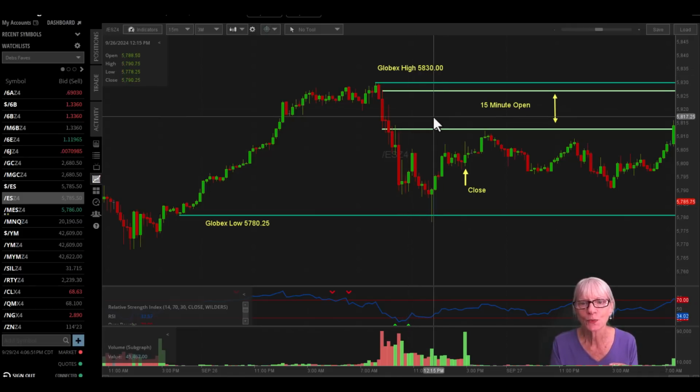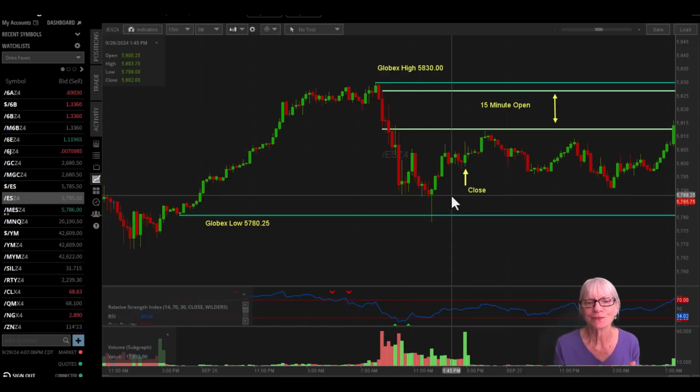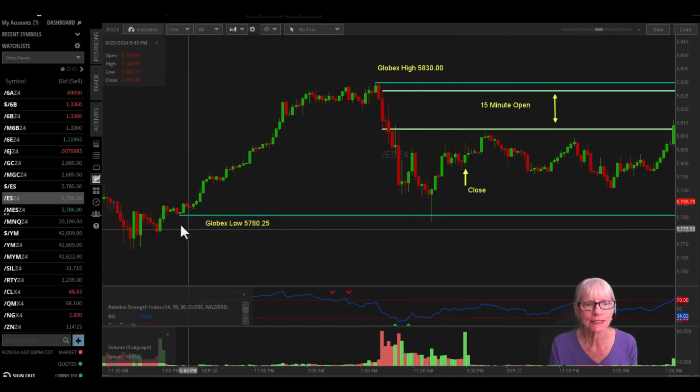And then I also wanted to share with you, look at here. This candle pattern, it's an inverted hammer, and oftentimes it will go down and test those Globex lows or the Globex high, depending on the momentum of the day. And in this case, it certainly did. It came down just below that Globex low, and there was a lot of strong buying pressure to retrace that.